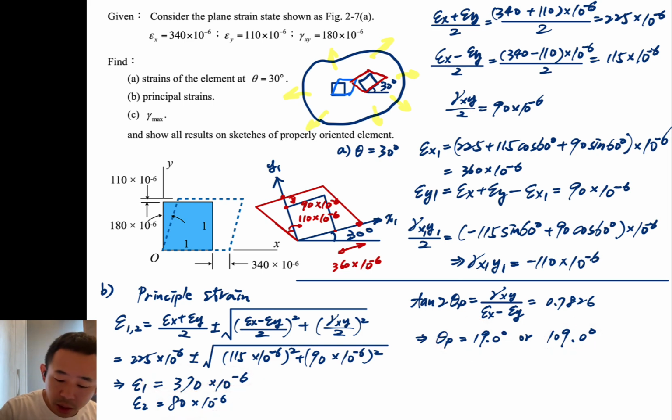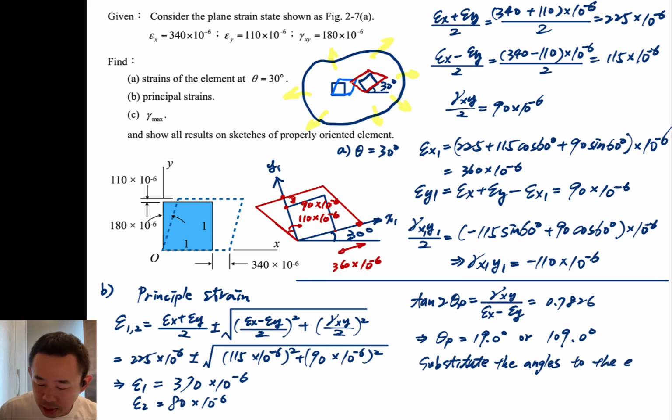So we need to identify it by substituting one of the angles into the equations, and you will know that this one is corresponding to the 19.